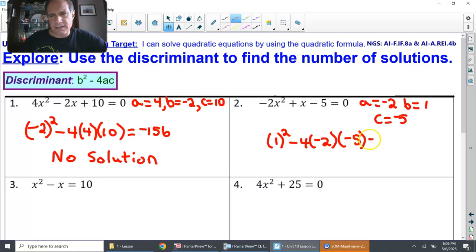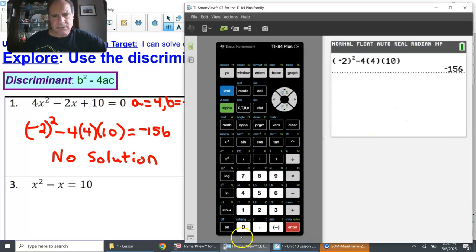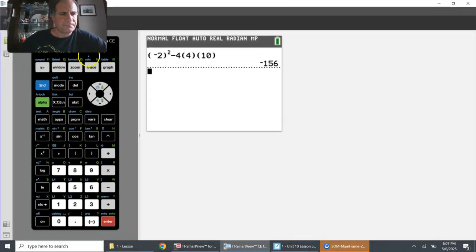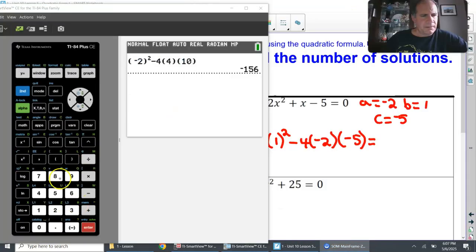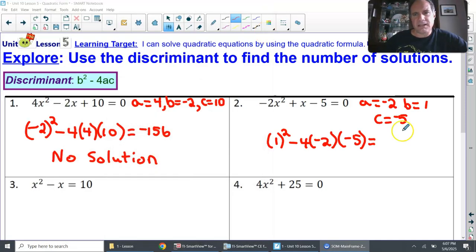And let's see what this comes out to be. That is negative 39. Again, another no solution.